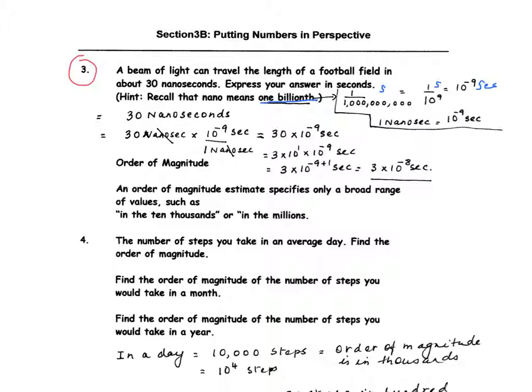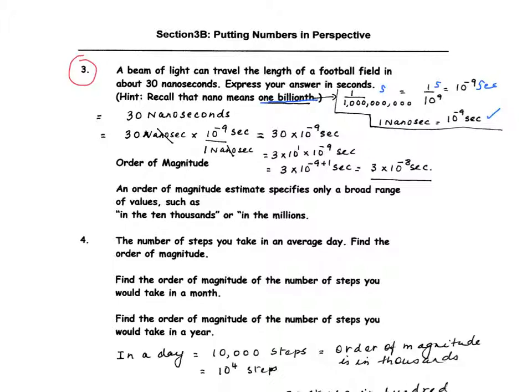So we need to answer the question by changing the units from nanoseconds to seconds. That's all we need to do. So 1 nanosecond is 10 to the negative 9 seconds. So we need to change the units from nanoseconds to seconds.